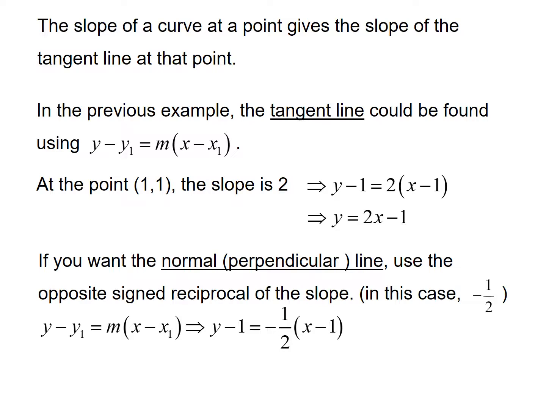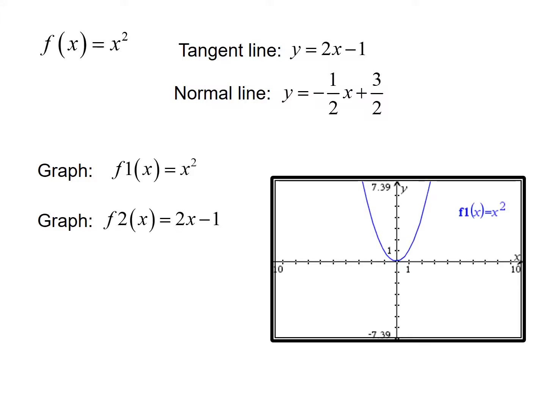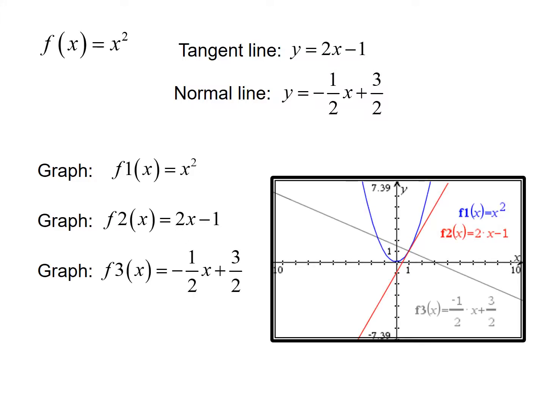If we want the normal line, which is another way of saying the perpendicular line, all we do is take the opposite sign reciprocal, or the negative reciprocal. So if our slope at that point was 2, to find the normal line, the slope will be negative 1/2. So on our calculator, we can see what this all looks like. We can graph x squared, we can graph the tangent line, and we can graph the normal line. And you can see how that all comes together.